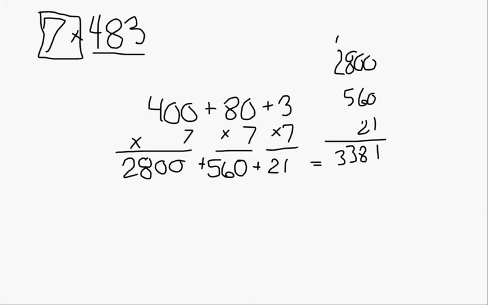Alright, now that we've done that one together, I'm going to give you a little bit of time to work on ones by yourself. So try the strategy. Remember, first thing to do, number 1, is to expand the big number.